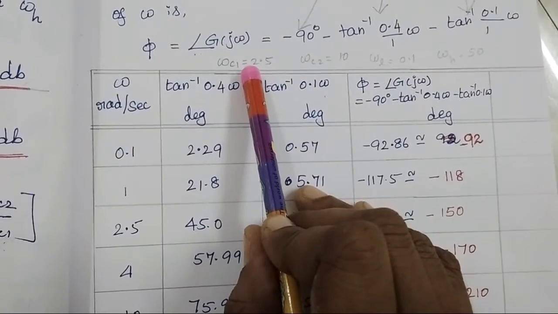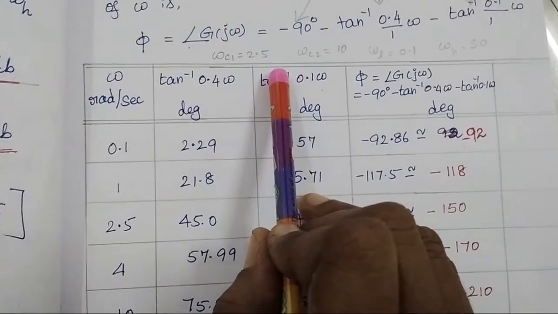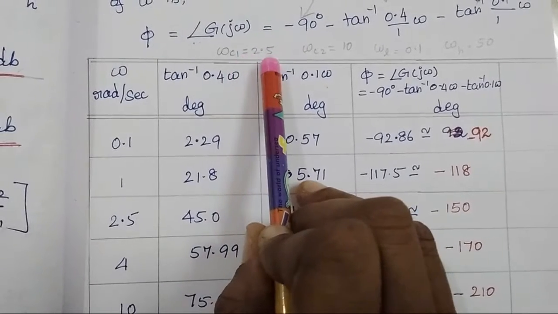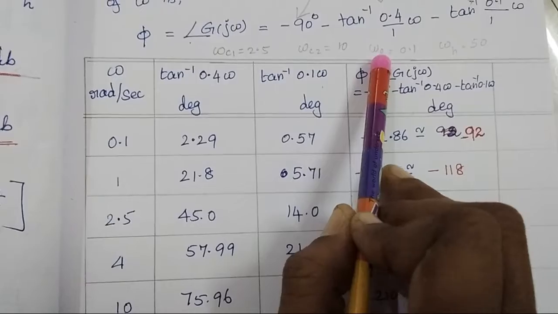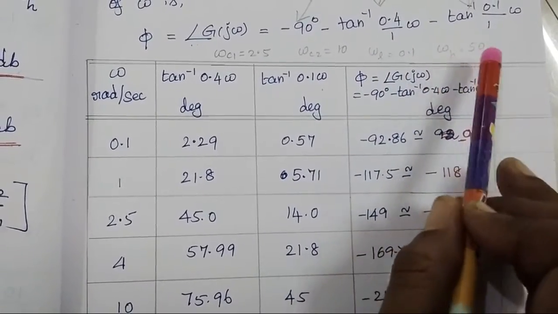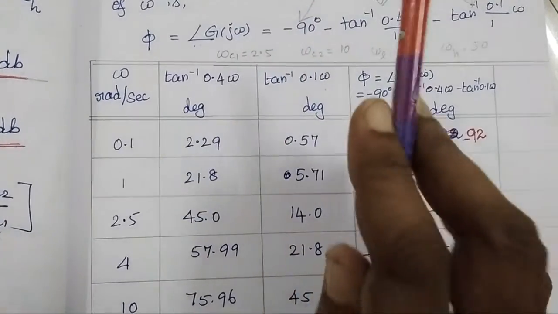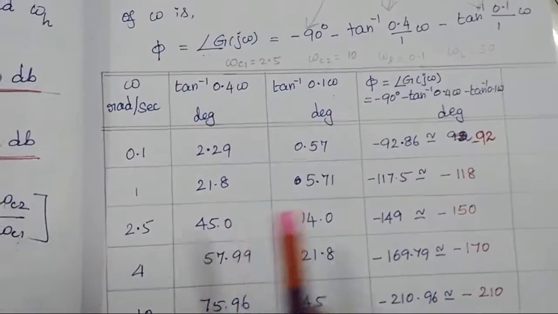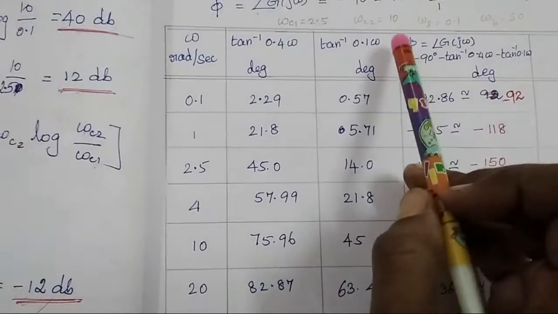We already have the crossover frequencies as well as omega L and omega H values: omega C1 2.5, omega C2 10, omega L 0.1, omega H 50. Along with these four frequencies, we have to choose some other frequencies in order to have various points for drawing a graph.